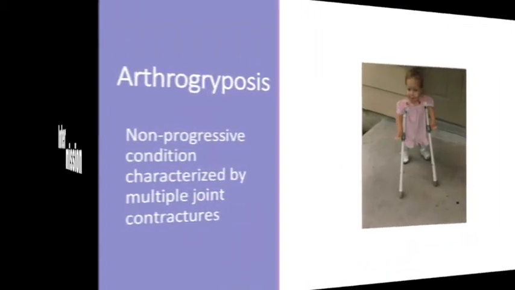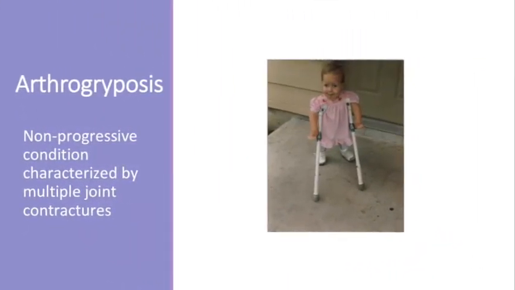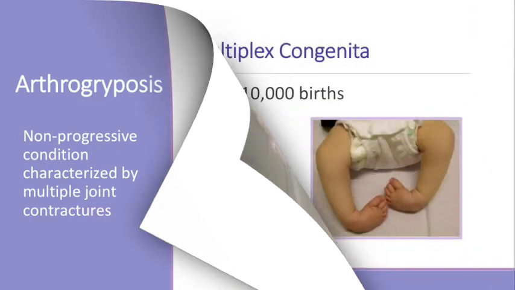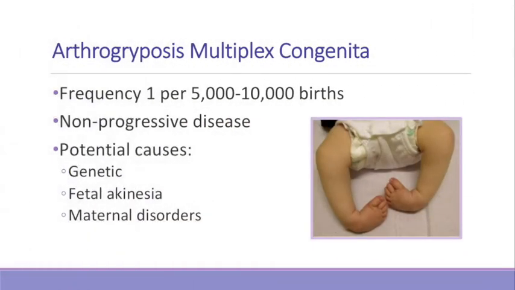Arthrogryposis. This is a non-progressive condition characterized by multiple congenital joint contractures found throughout the body at birth, aka MCC, multiple congenital contractures. The contractures themselves are not progressive, but the extent of the disability can be significant.